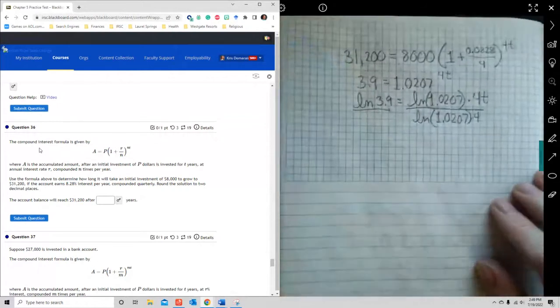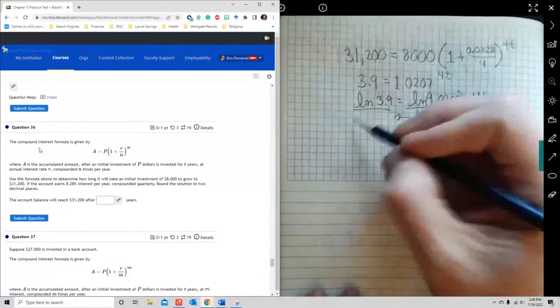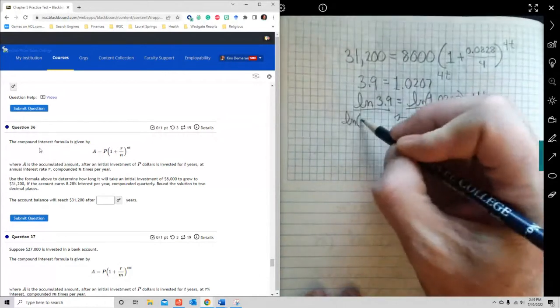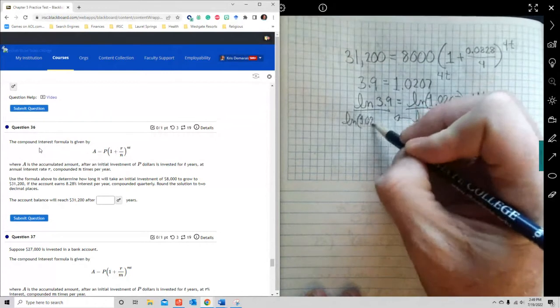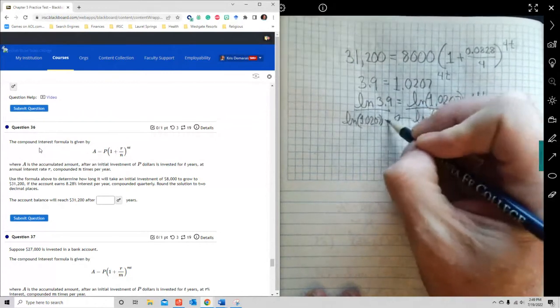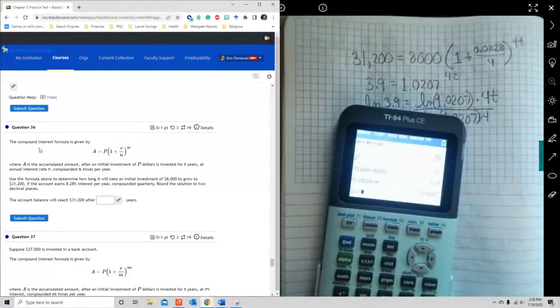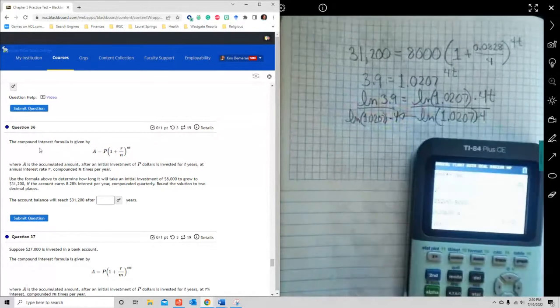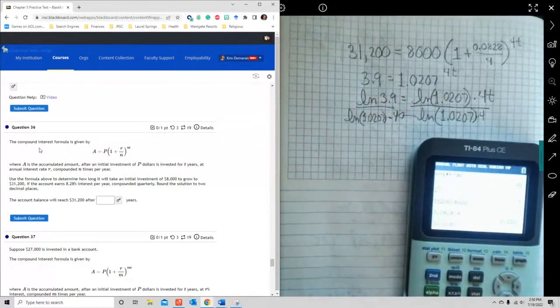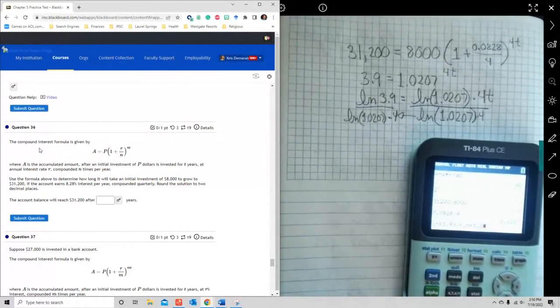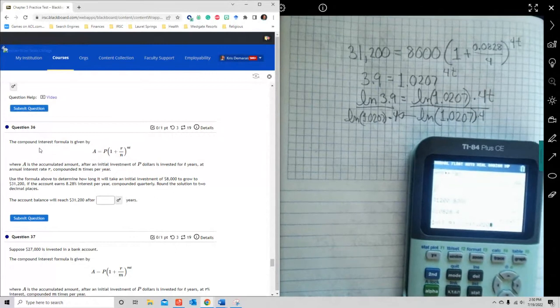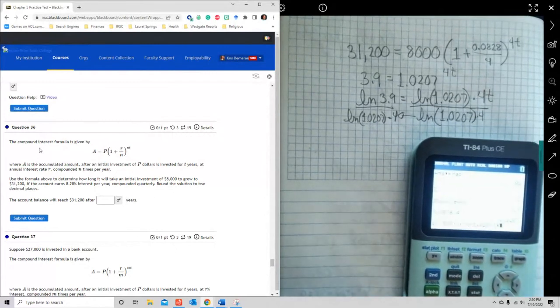So what we're going to do is take your calculators and punch in this. So I'm going to do that now. ln, you got to see it, 3.9 divided by ln 1.0207, and then close parenthesis times 4.